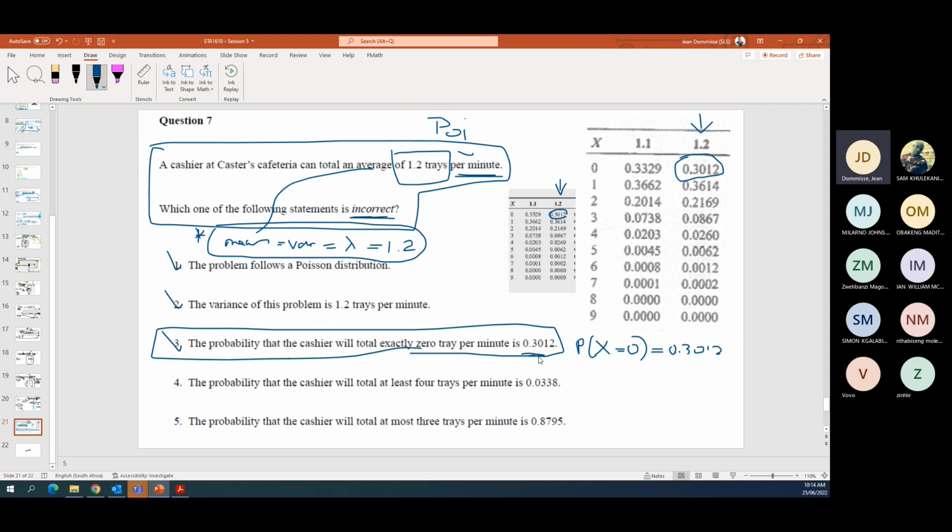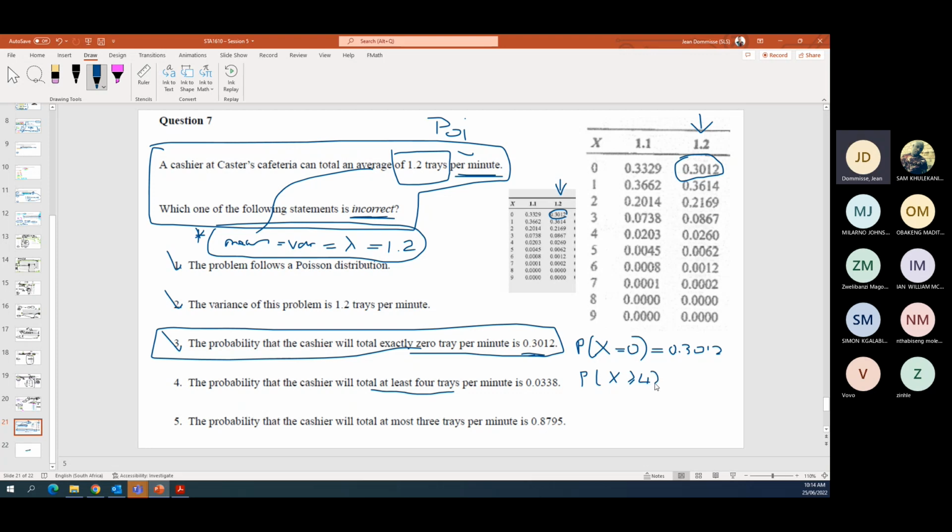Okay, let's look at question 4. The probability that the cashier would total at least 4 trays. Probability that the cashier will total at least 4. So 4 is the minimum. We can write it in 2 forms.